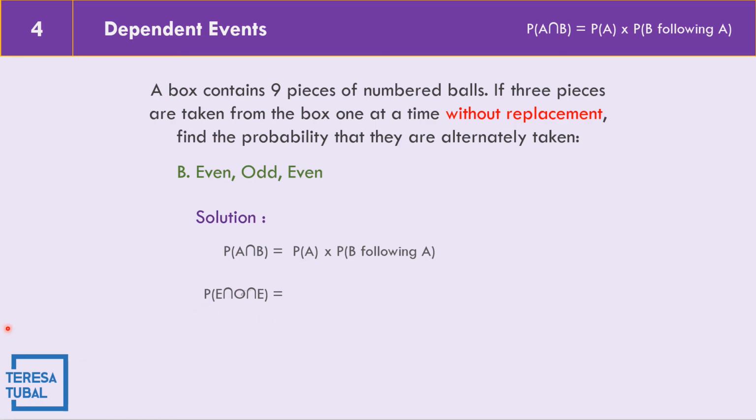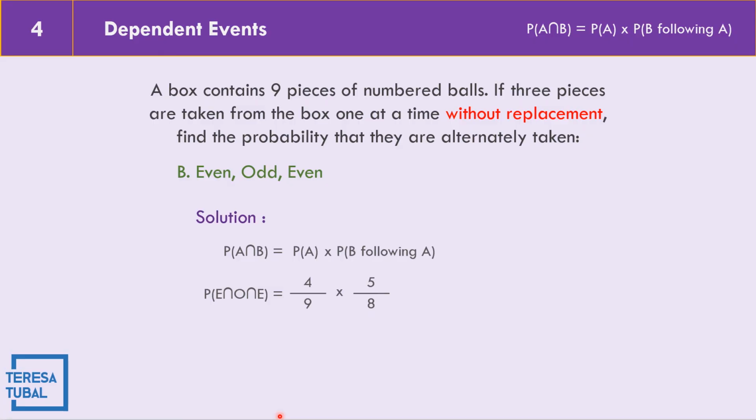So that becomes 4 all over the total number of possible outcomes, which is 9. The odd numbers are 1, 3, 5, 7, 9. So we have 5 all over 8, subtracting the denominator by 1 because the problem is without replacement. So 9 minus 1 is equal to 8.